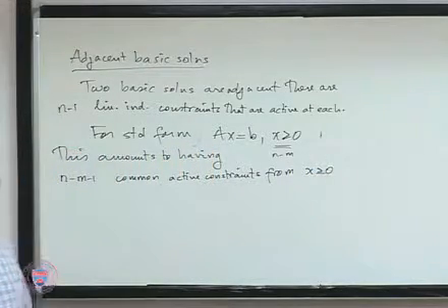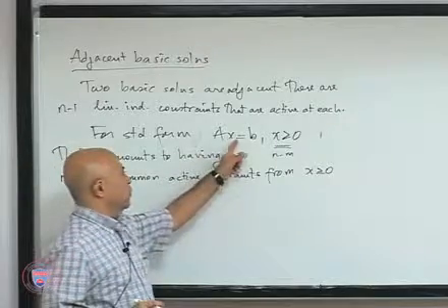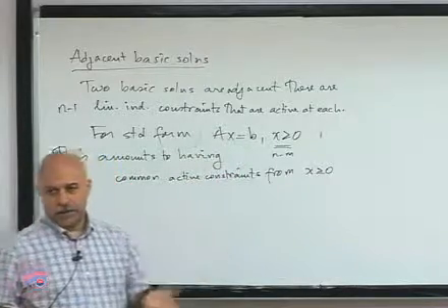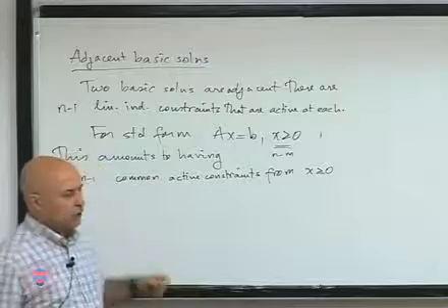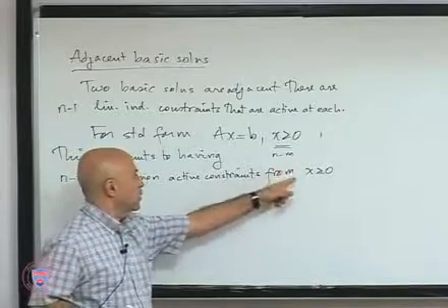Because both will satisfy Ax = b at the same time, the only freedom you have is for the other one.